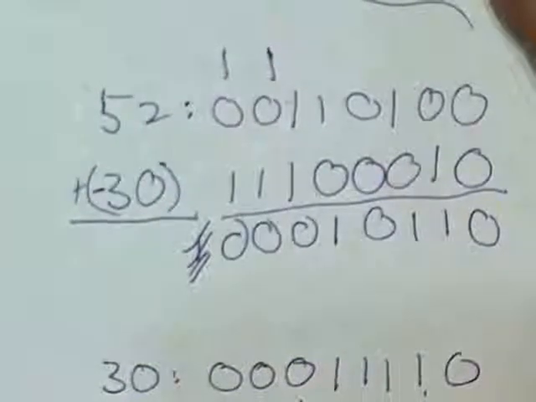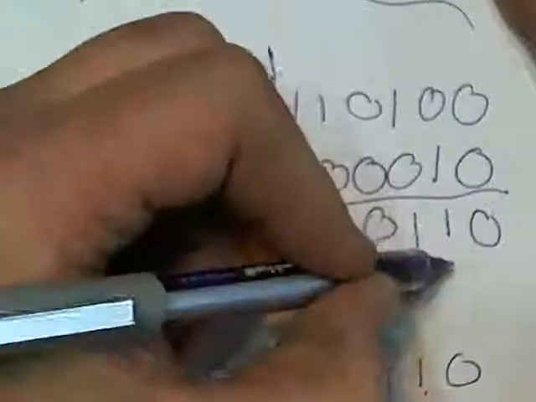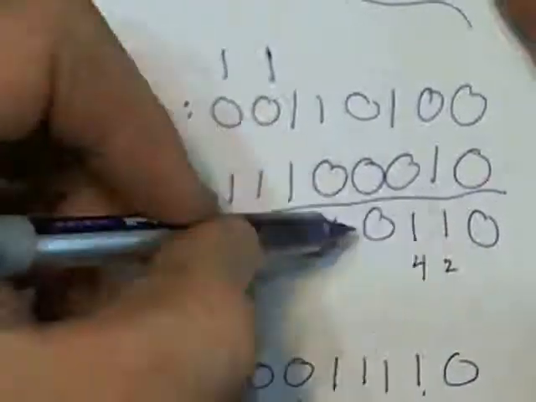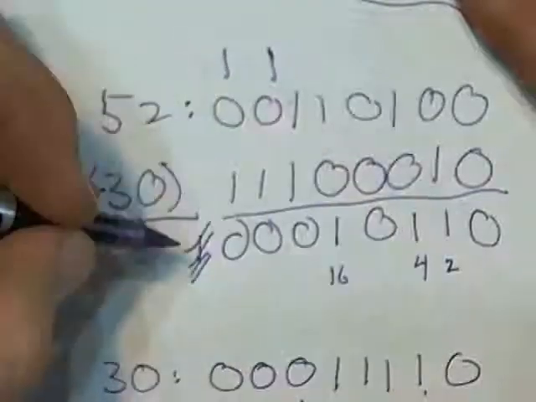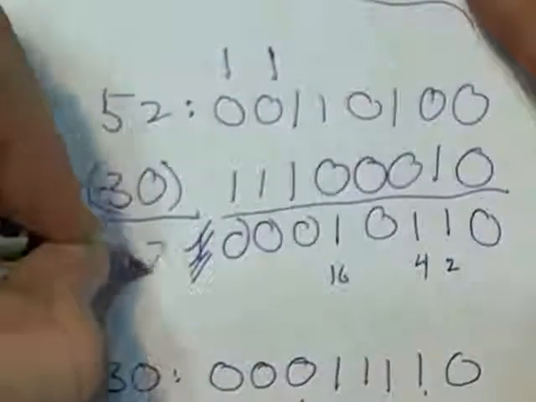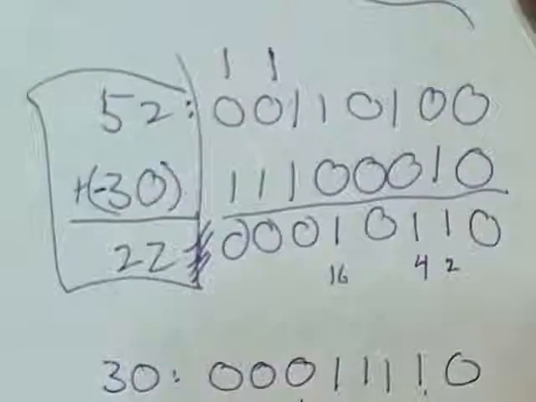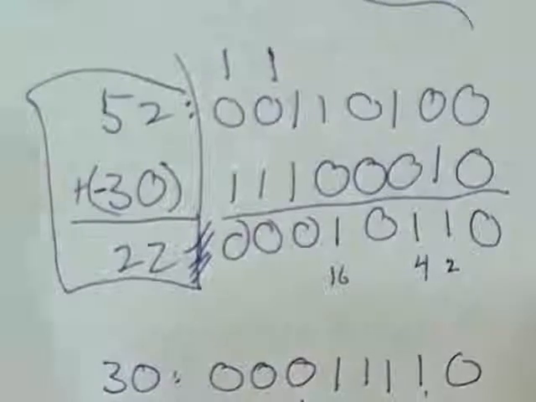If you look at the remaining 8 digits, let's look at the value of the remaining 8 digits. This is worth a 2, that's a 4, that's a 16. 16, a 4, and a 2 make 22. And lo and behold, that is what my answer would be. Notice no subtraction occurred at all.